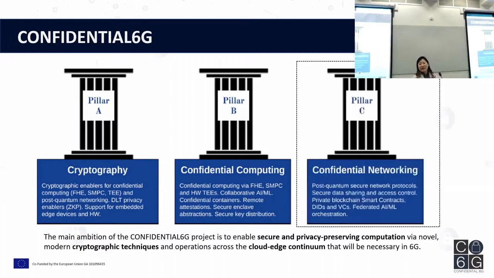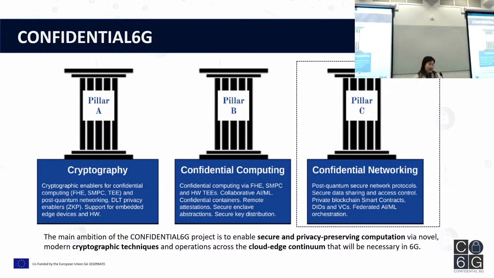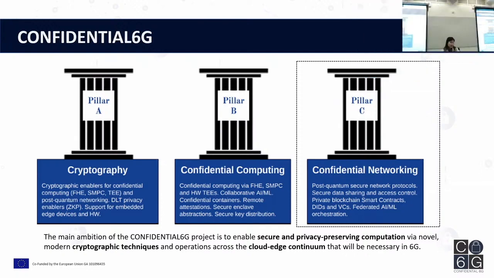And the last pillar, the confidential networking, is trying to target the data in different architecture when they transfer from one node to another, focusing on the post-quantum side and the secure network protocols, data access and so on, and using the available, mostly the blockchain technology and federated AI. Of course, in this presentation, my focus is on the confidential networking side. I'm going to show you some initial architecture design solutions. We have been really focusing on this confidential networking topic.